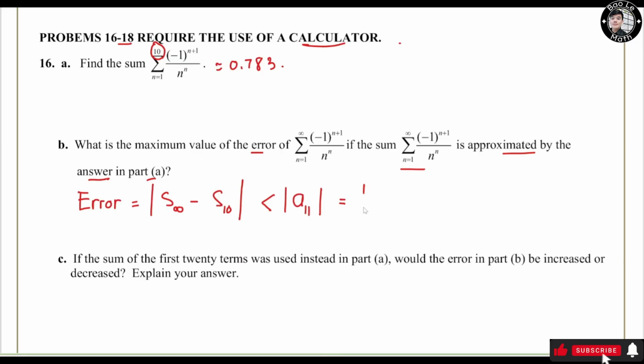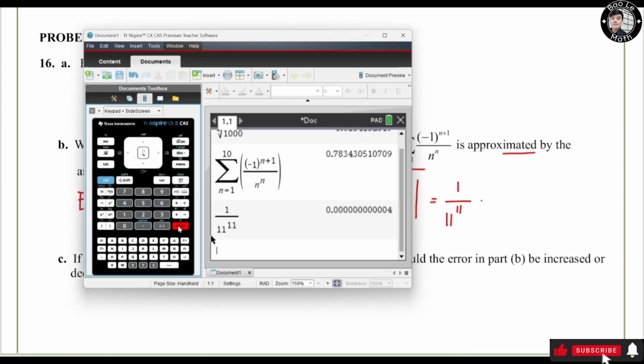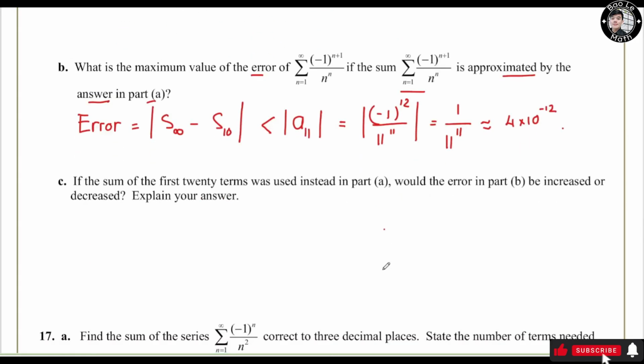So we have the absolute value of negative 1 raised to the 12 over 11 raised to the 11, and it's going to be 1 over 11 raised to the 11. If we want to convert this to decimal, we just use the calculator. Press Ctrl Enter. It's going to be 4 times 10 to the negative 12.